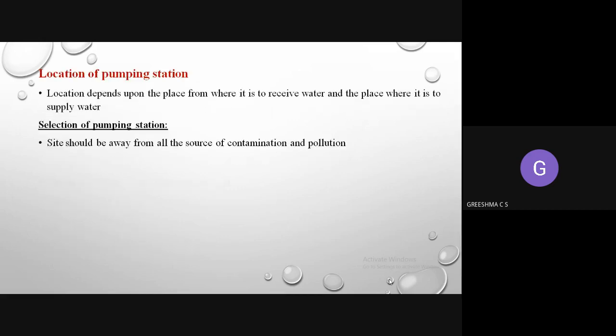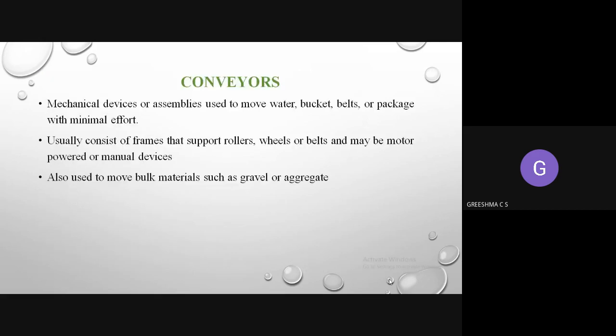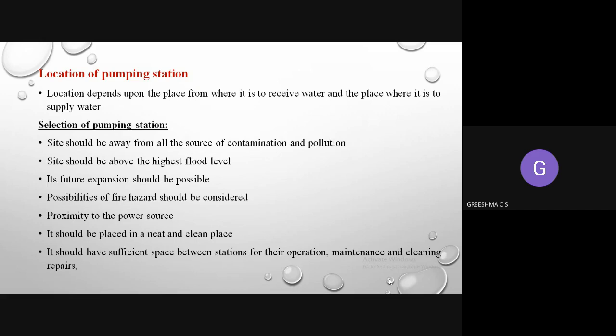Location of the pumping station is very important. How do you locate a pumping station? Location depends upon the place where it is to receive water and the place where it is to supply water. The pumping station is where all the pumping process is occurring.